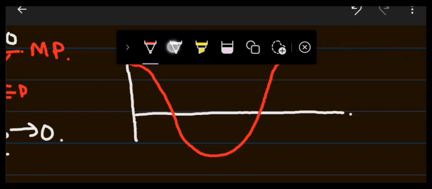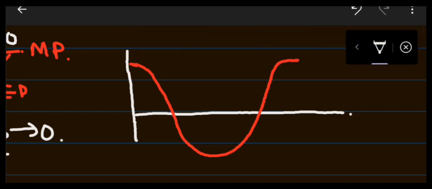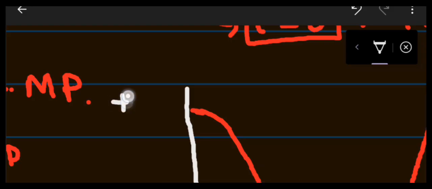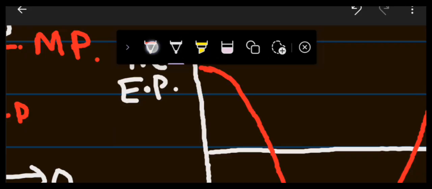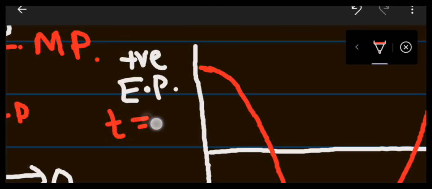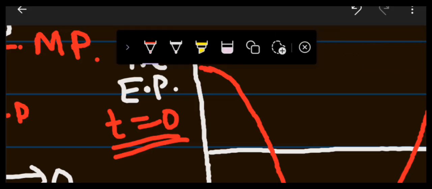Perfect. Here you can see I have started from the positive extreme point. From here, where I started, time is equal to 0.